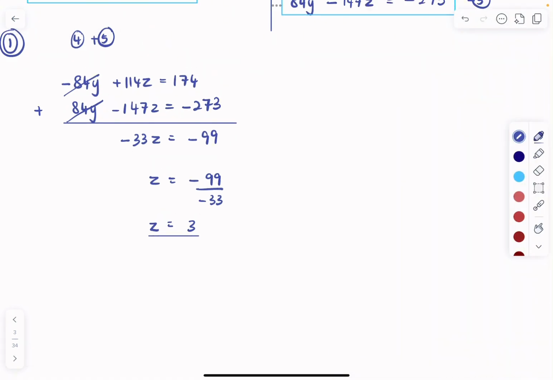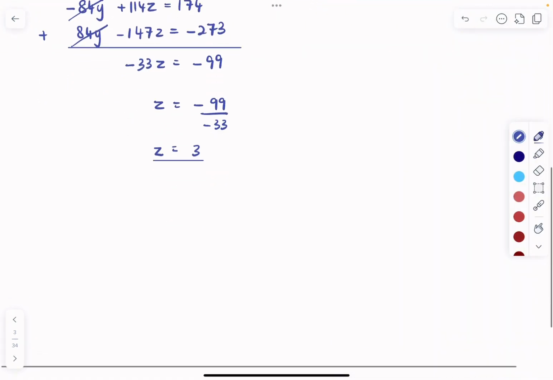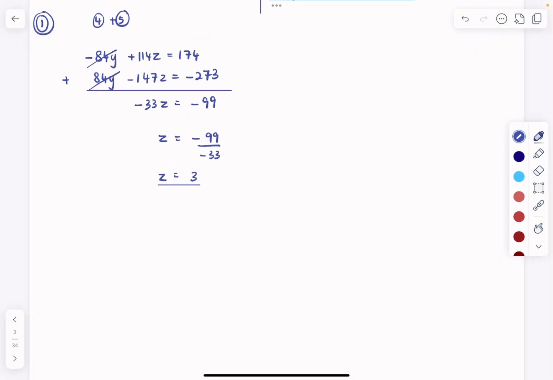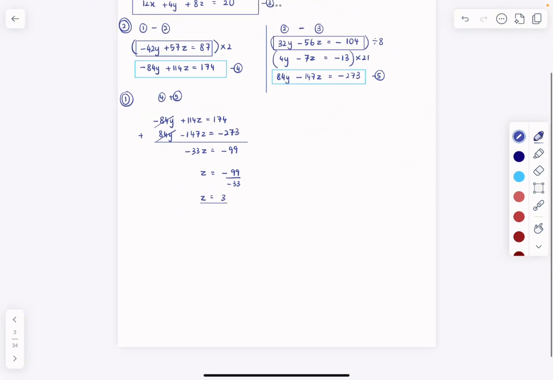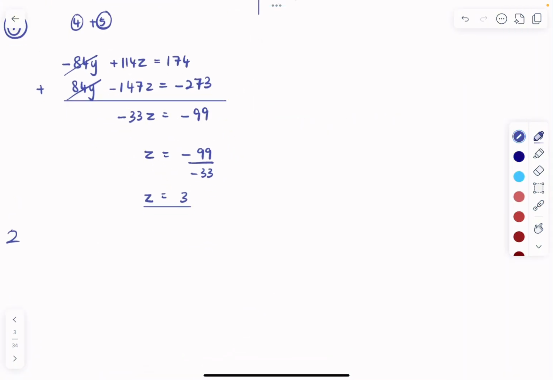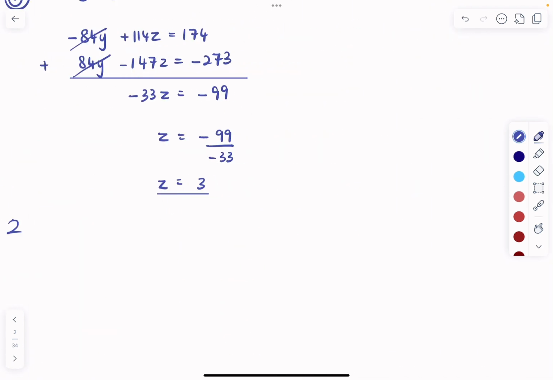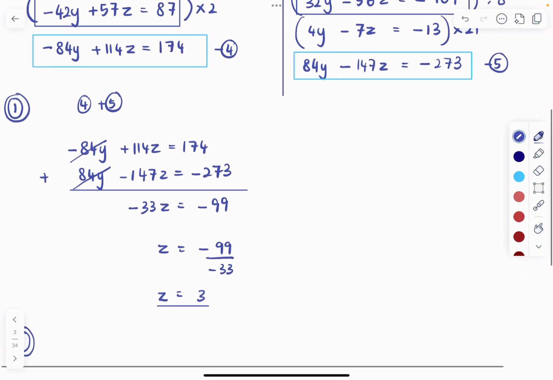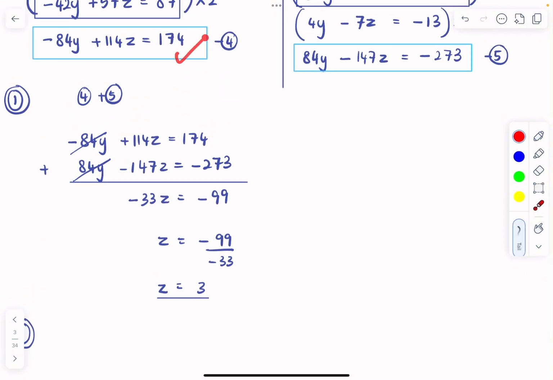Once you've solved 1, it's time to solve the other 2. Okay, so let's see how to solve the other 2. 3, 2, 1. You want to get back to 2, you have to use either one of these equations. So z is 3, we put it into, okay, let's just pick this equation.